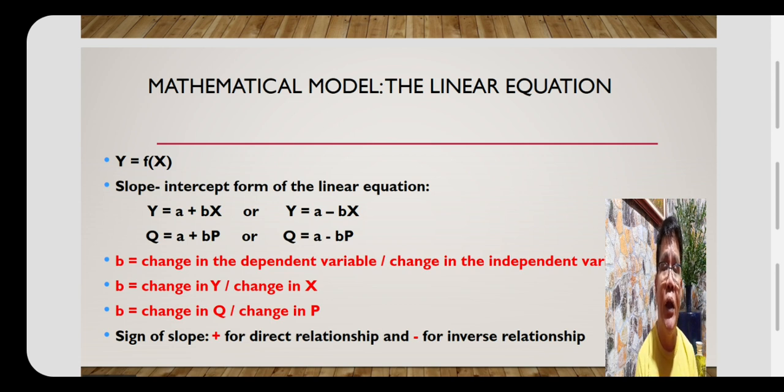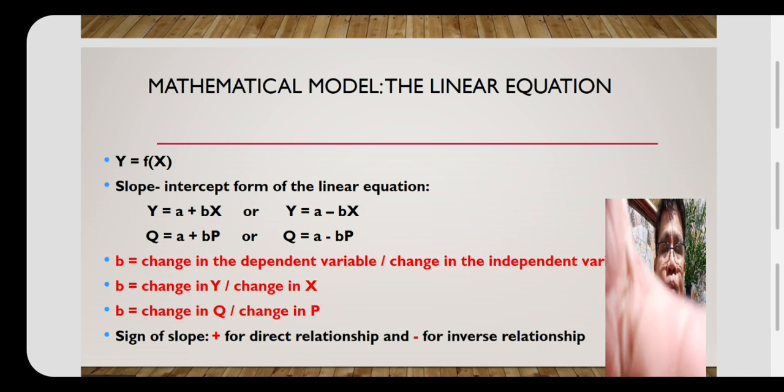And the denominator is the change in price, which can be measured as P2 minus P1. P2 is the new price and P1 is the old price. So that is how we can measure the slope.